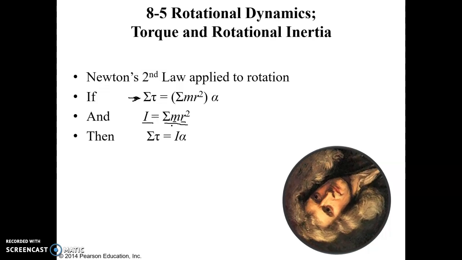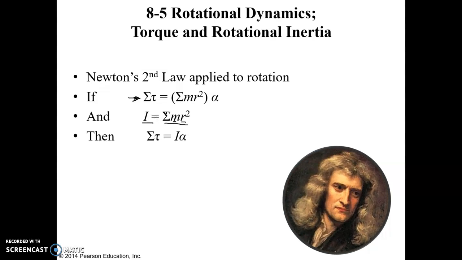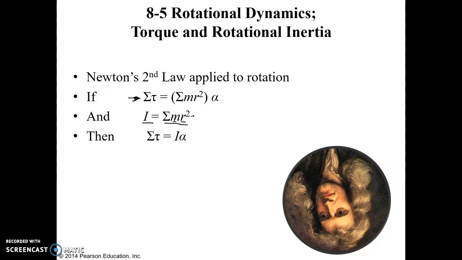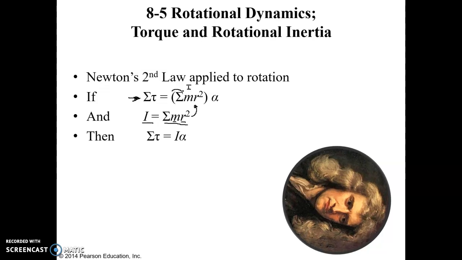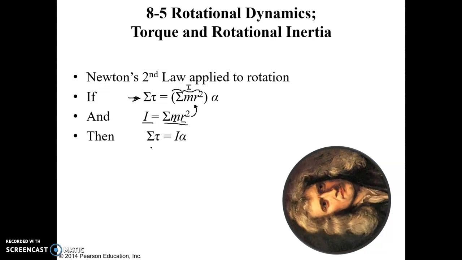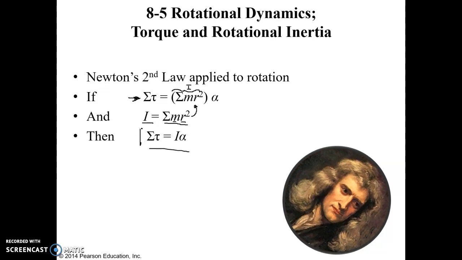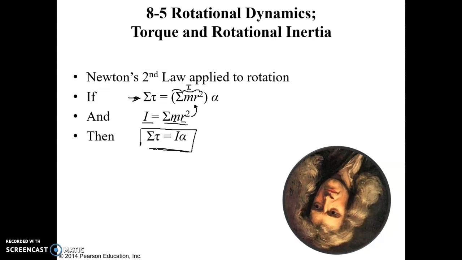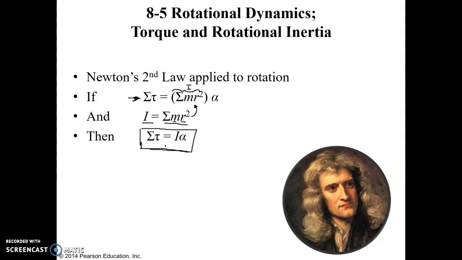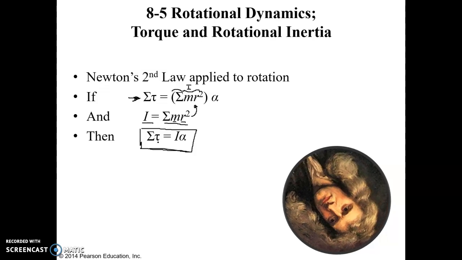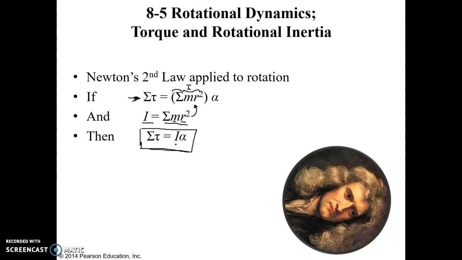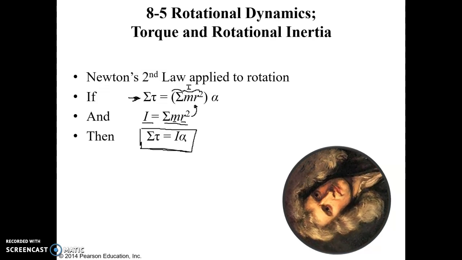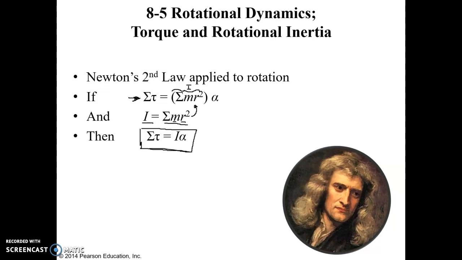So we can substitute this in. The sum of mr squared is equal to I. So basically what we're saying is that Newton's second law of motion for rotational motion is that the sum of torque is equal to I alpha, moment of inertia times angular acceleration.